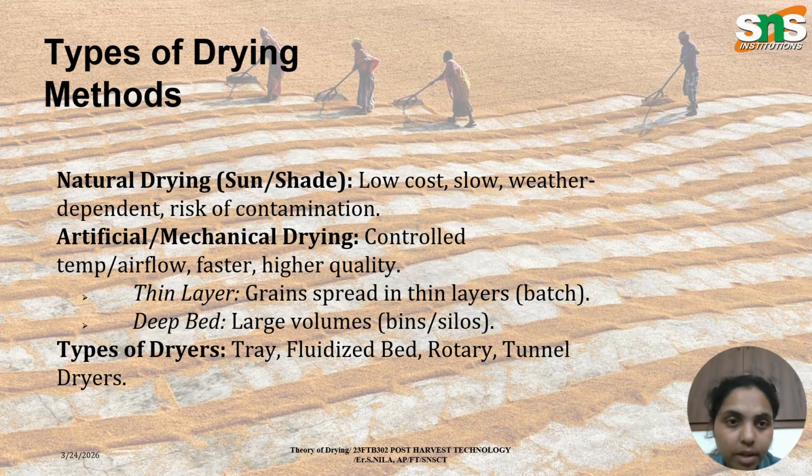And the artificial or mechanical drying, which uses controlled temperature and airflow systems to give faster and better quality results. So we can do thin layer drying for small batches or deep bed drying for large volumes. Common dryers include tray dryer, fluidized bed dryer, rotary dryer, tunnel dryer, etc.